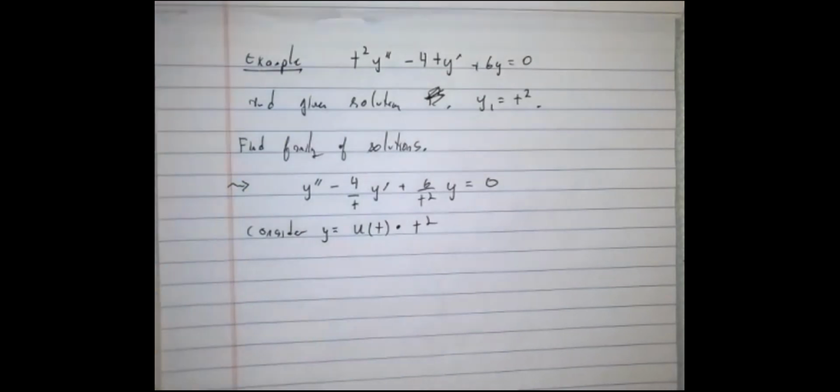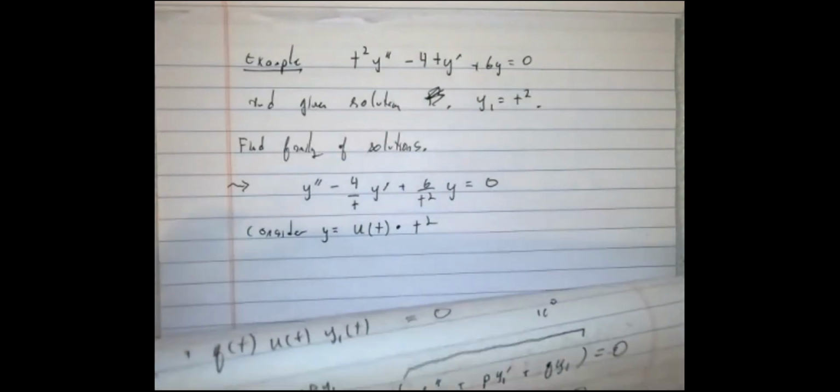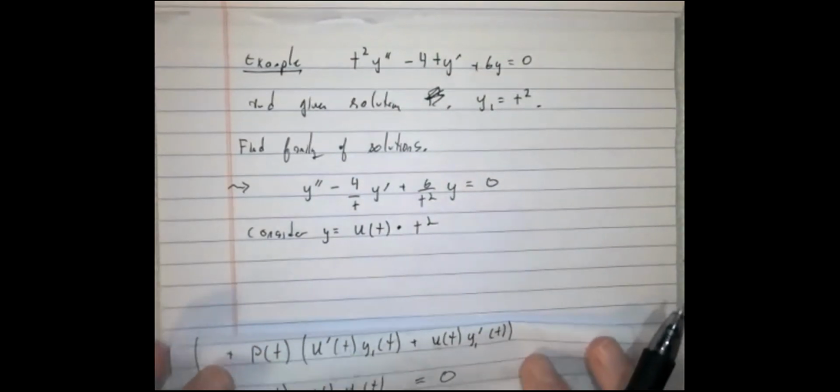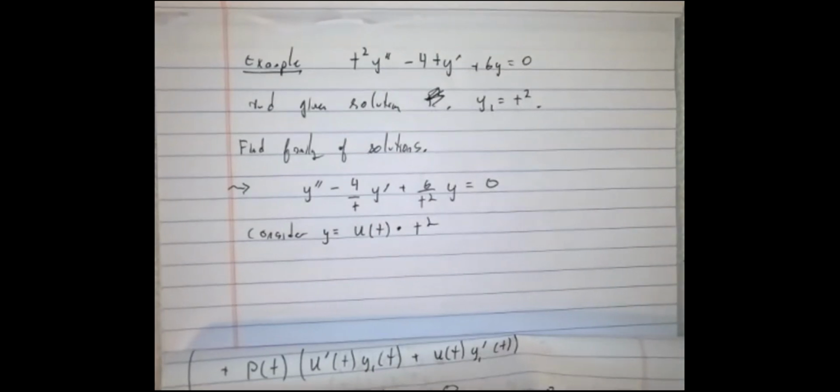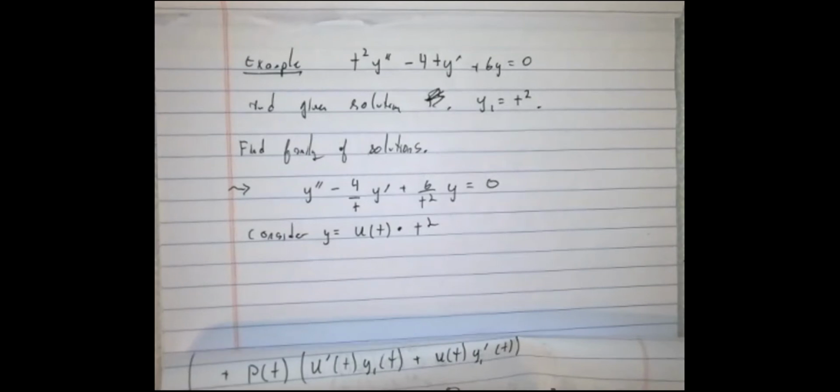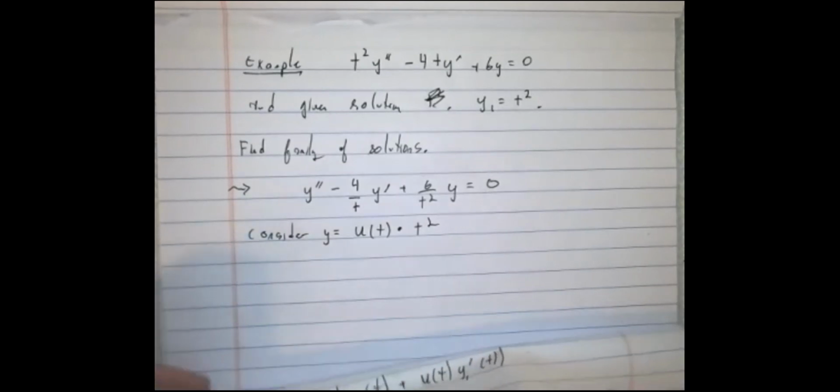So also remember, you don't actually need to do the full computation. You can also just use the expression that we found here, namely u double prime times your solution plus u prime times 2y1 prime plus py1 is going to be equal to 0.